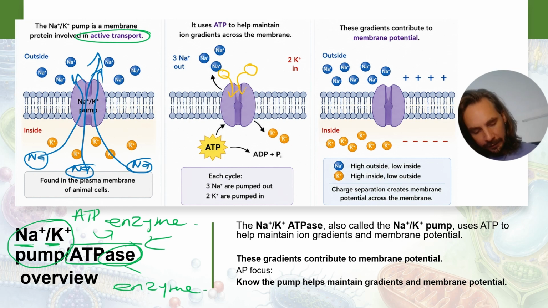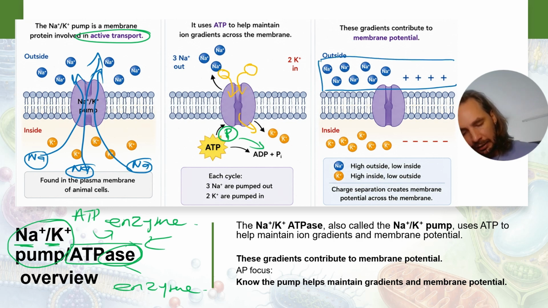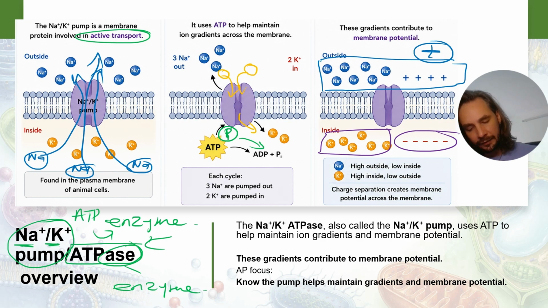And when the phosphate that changes the shape is released, the shape changes back. So then the potassium ions are released back into the cell. And because it maintains a higher concentration of sodium on the outside, it becomes slightly more positively charged. And on the inside, it becomes slightly negatively charged. So it creates this charge difference, or this membrane potential.